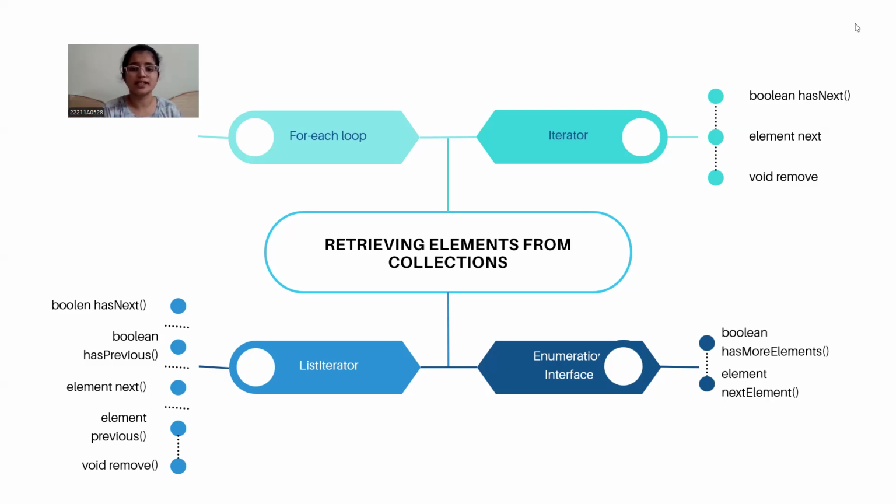It is similar to the ListIterator itself. But the difference is that in enumeration, we cannot add or remove the elements, so we cannot replace the elements. Whereas in iterator, we can modify the elements after any operation is done on the collection.